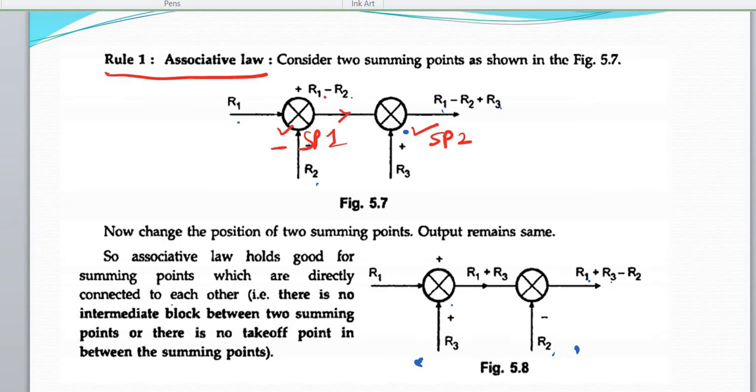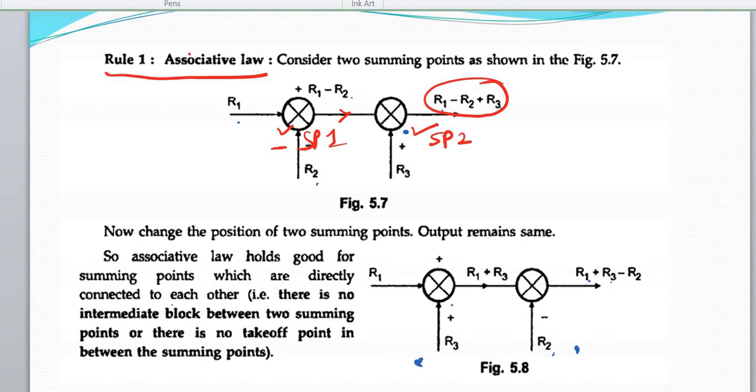So the signal here is R1 minus R2. That will be input to summing point 2. And one more signal, plus R3, is going to summing point 2. So the total output is R1 minus R2 plus R3. In between these two summing points, there are no blocks, no takeoff points, nothing.